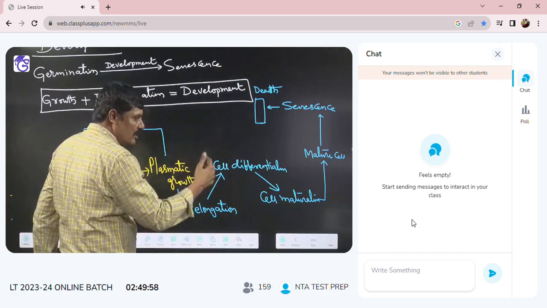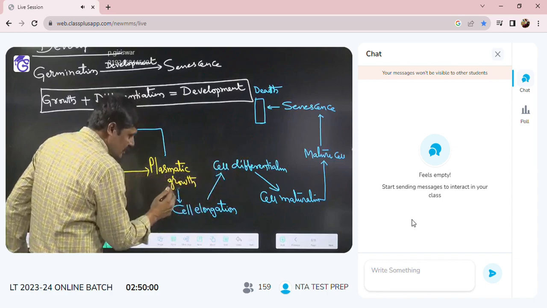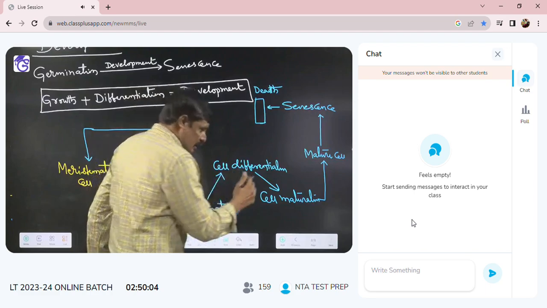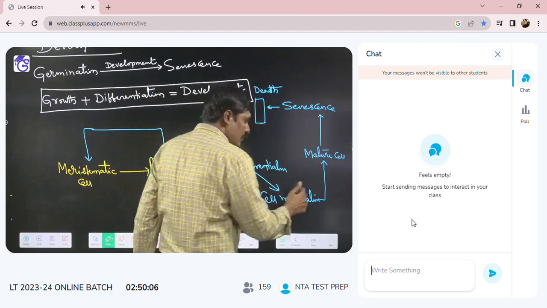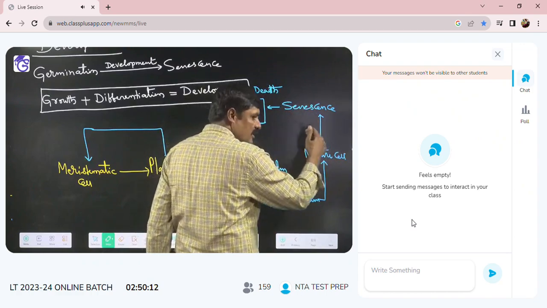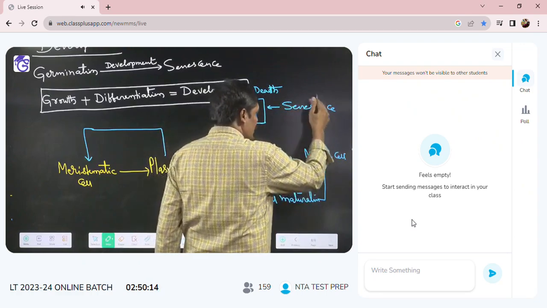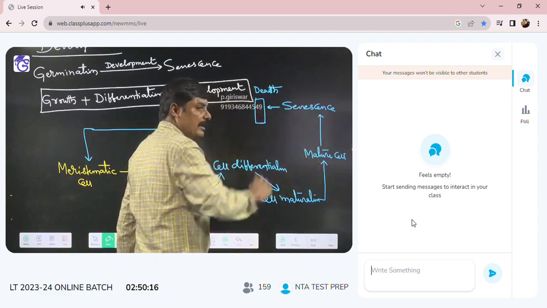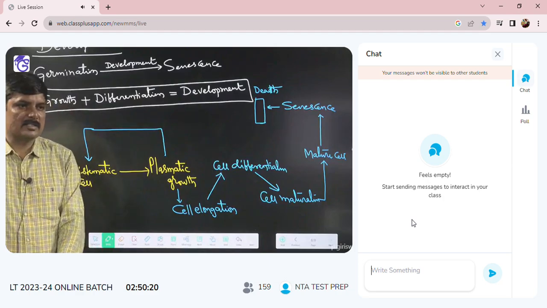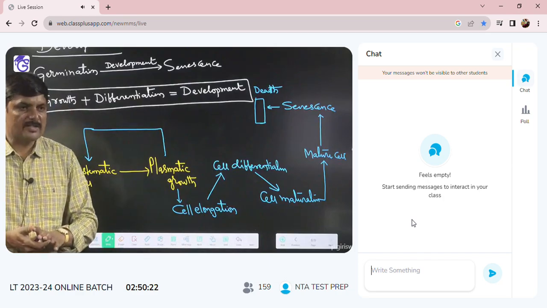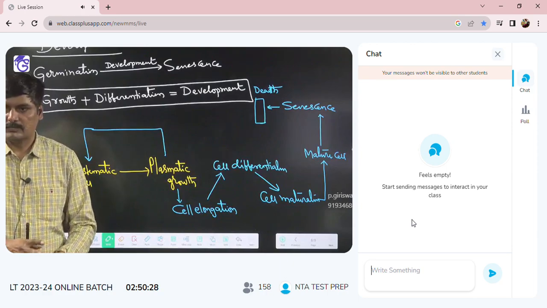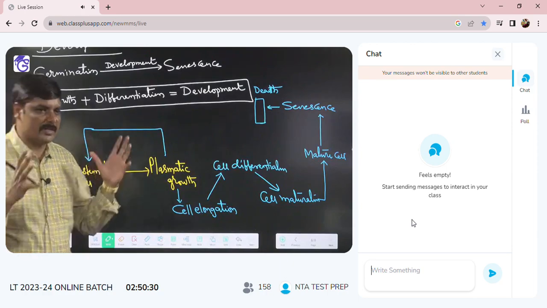During maturation, several stages are there. First, the cell undergo elongation, then cell differentiation, then cell maturation. After maturation, cell become mature cell, and now this mature cell undergoes senescence. Gradually, the cell in senescence stage becomes dead. Hope you understand, students. This is the sequence of different stages.